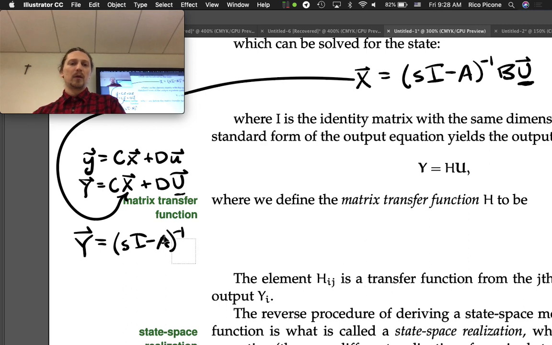Remember, the order of multiplication matters with matrices, right?